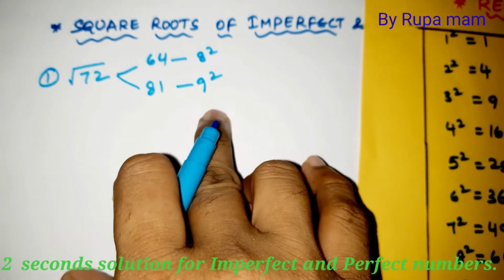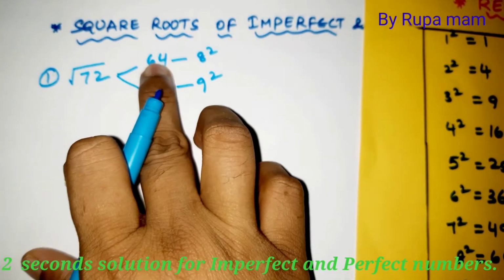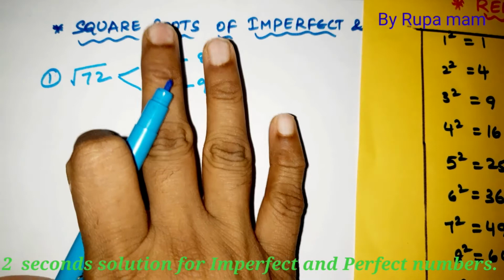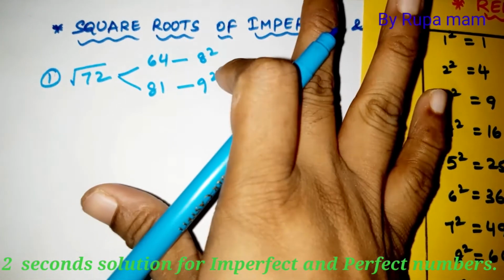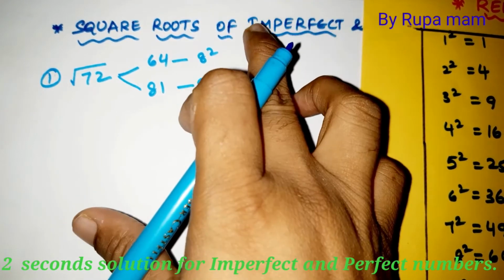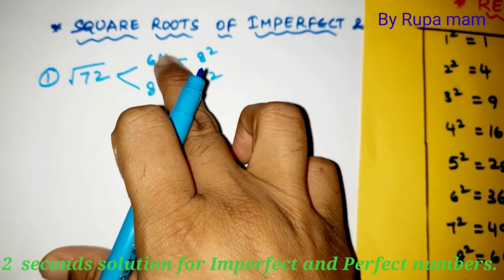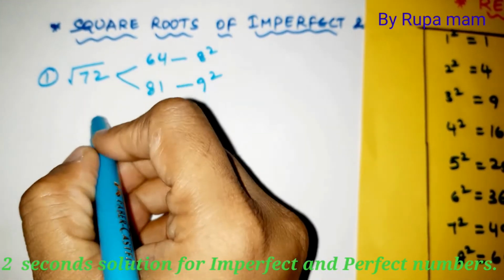Here 64 is less than 72 and 81 is greater than 72. When we do square roots of imperfect numbers, first observe the two squares, 64 and 81. Out of these two, 64 is less than 72, so I am taking 8.